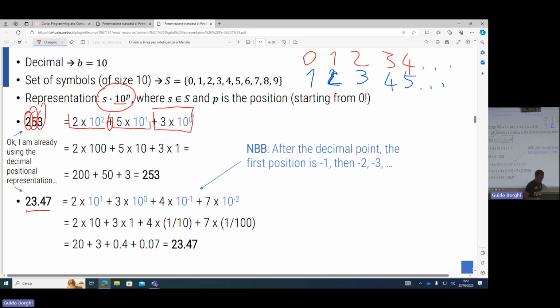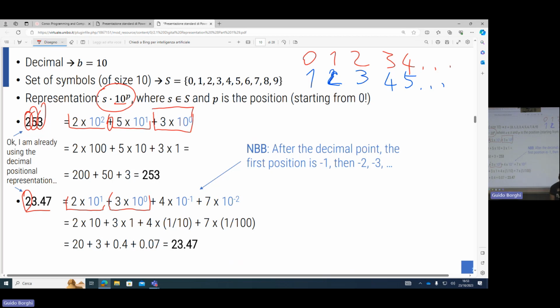So 3: we can write 3 times 10 to the first position, 0. Second, 2: 2 times 10 to the second position, 1.